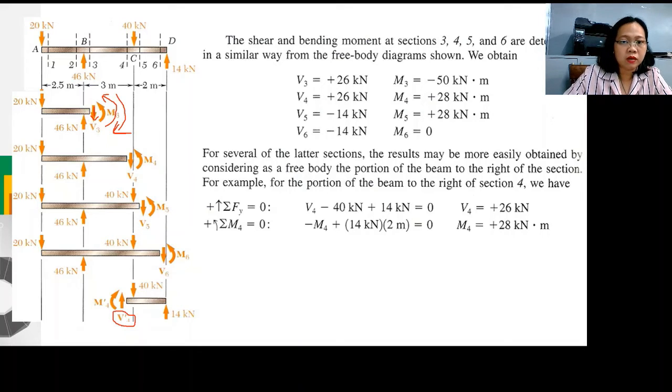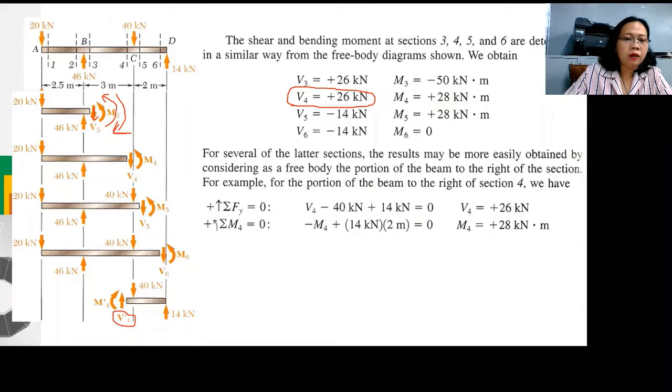4 here before. So, for several and later sections, the results may be more easily obtained by considering a free body of the portion of the beam to the right of the section. For example, for the portions of the beam to the right of the section 4, to the right ani niya, kani, so muna itong giputol dire.